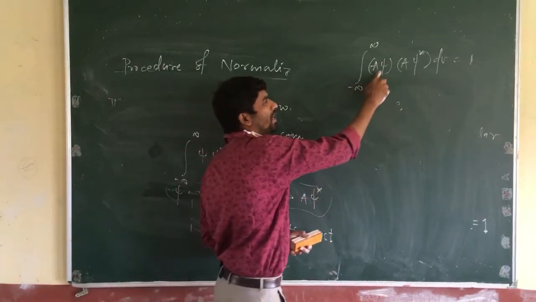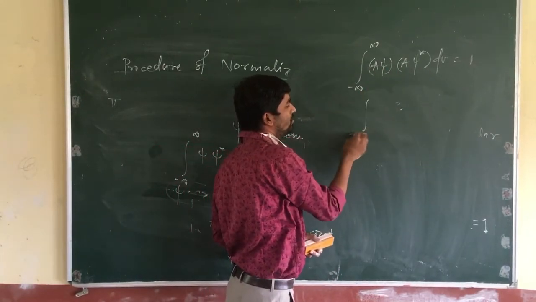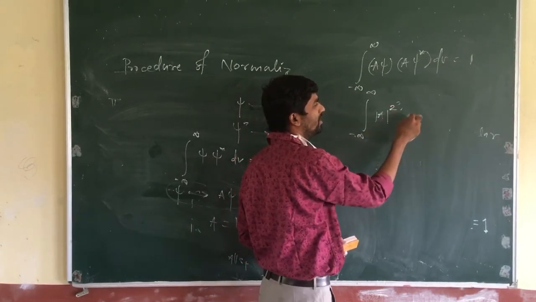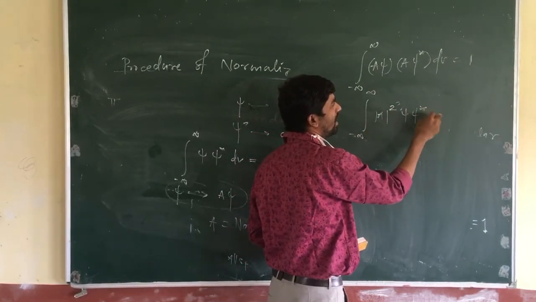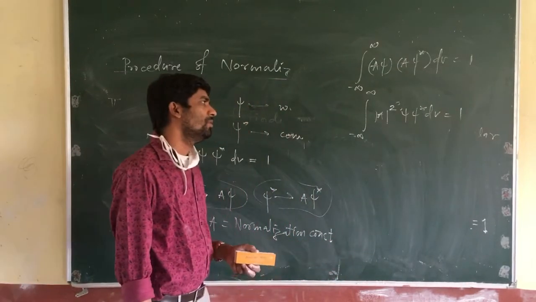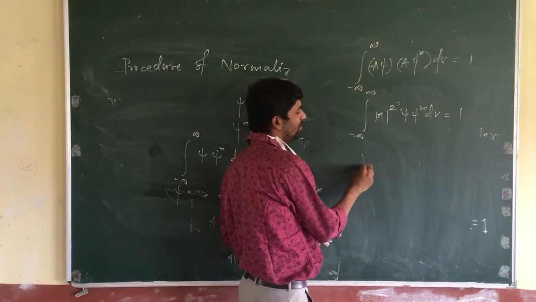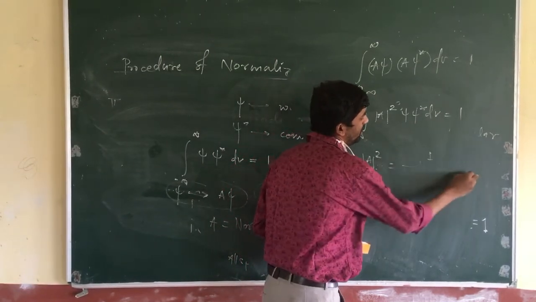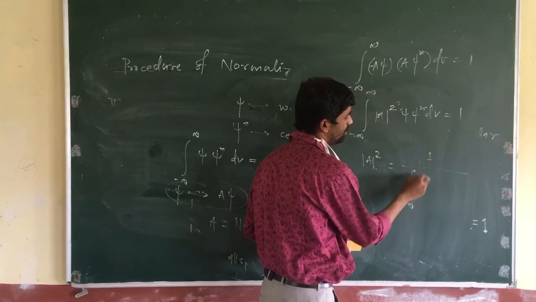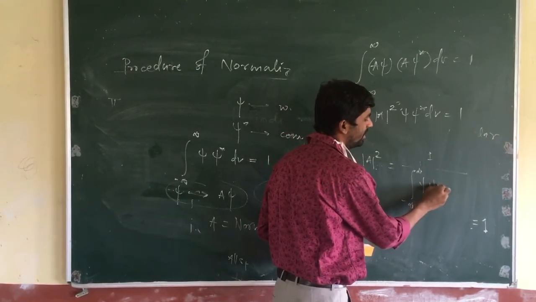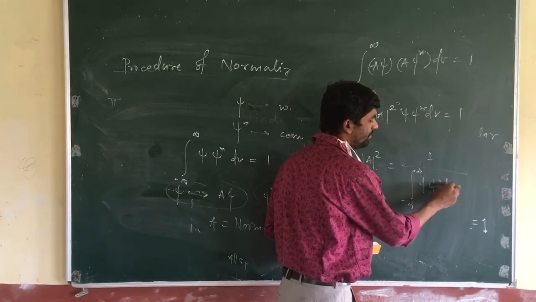So A into A gives the integral from minus infinity to plus infinity of mod A squared, psi into psi star dv, equals 1. So what is the value of A squared? It is 1 upon the integration from minus infinity to plus infinity of psi into psi star dv.